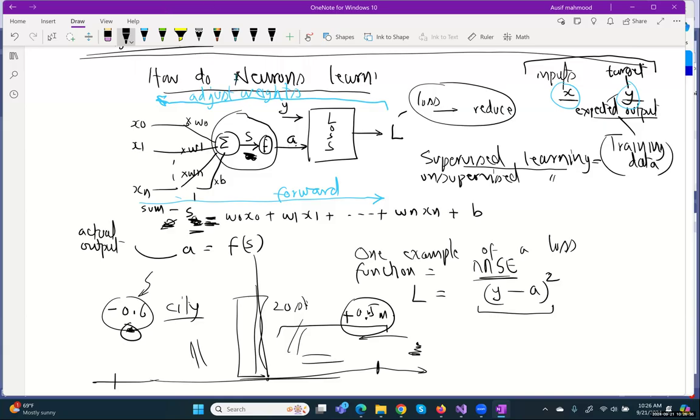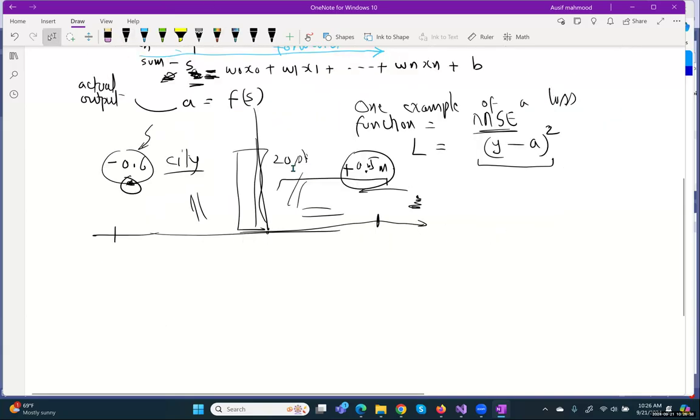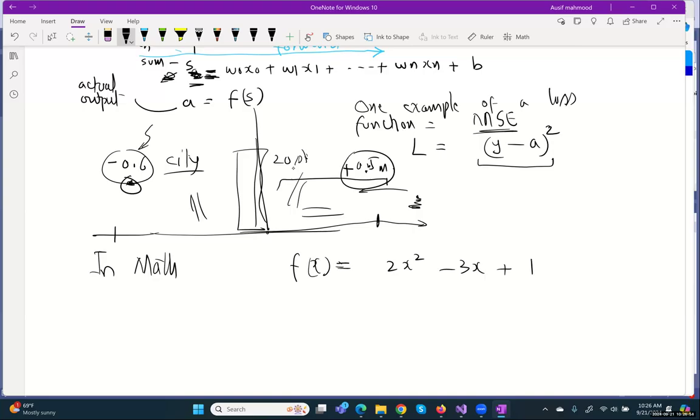Okay, and as we talked about in math, the easy way, if you're given some complicated equation, so you are given some f of x equal to, let's say, 2x squared minus 3x plus 4 times sine of x minus 3 times e to the minus x, right? So this is some complicated equation.